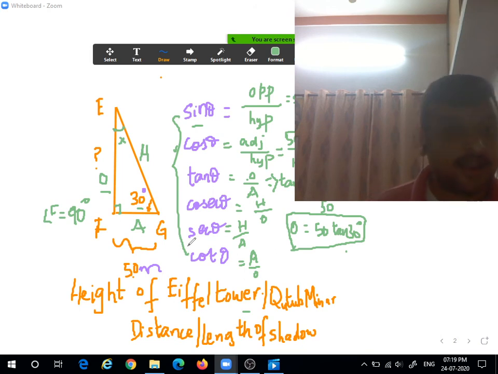Just by knowing the length of the shadow and the angle of elevation, only two parameters, we can easily find the height of the Eiffel Tower. It is wonderful because the application is awesome. It makes our calculations very simple. Just by knowing the trigonometric relations, we are able to find the height of the Eiffel Tower. Okay, students?